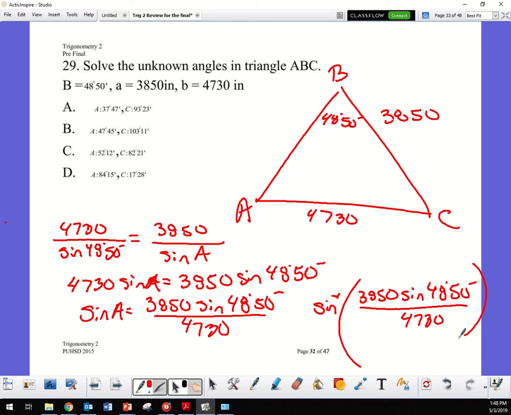All right. So we should come up with A, because that's the only one that's going to give me that value for angle A. Did anyone not get that value?